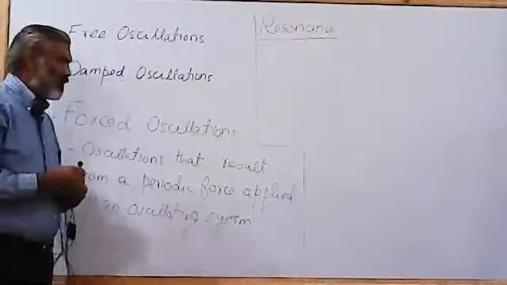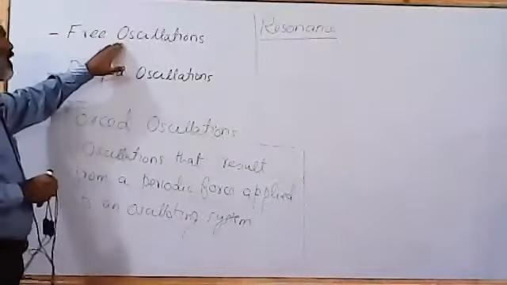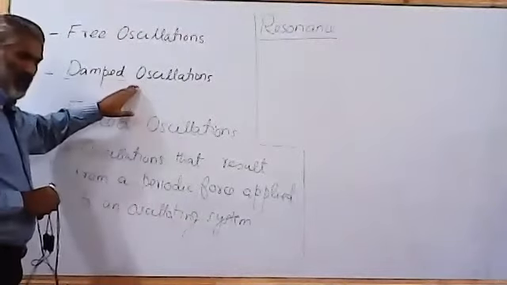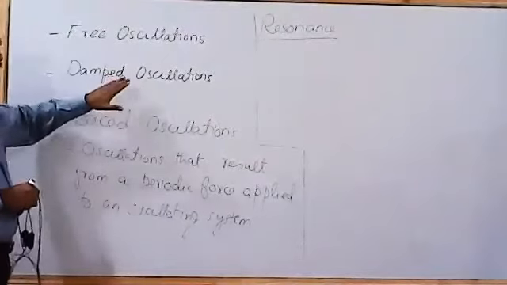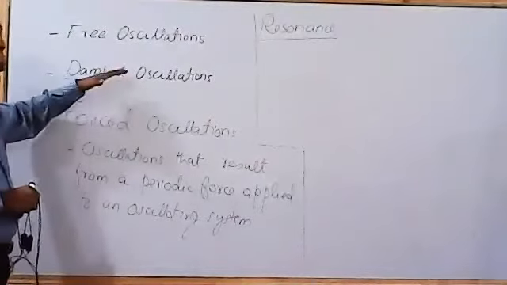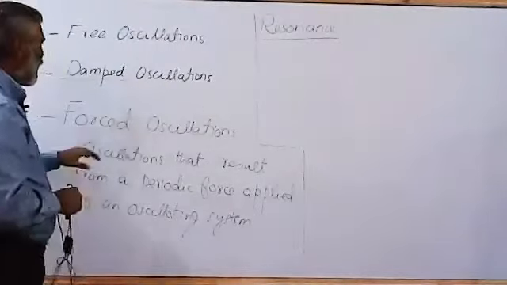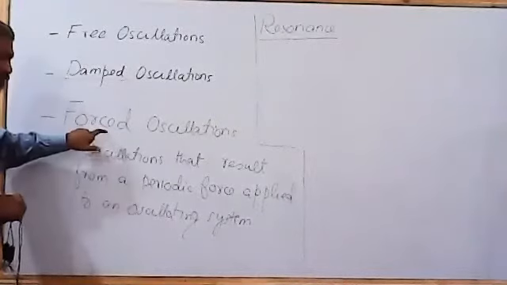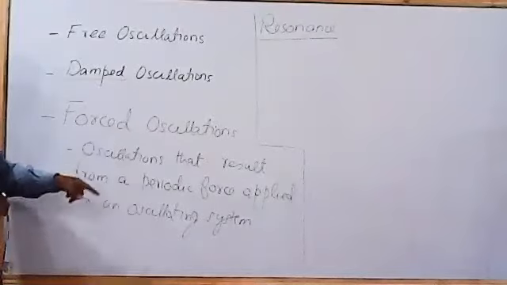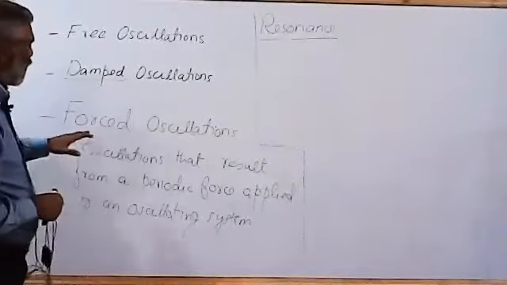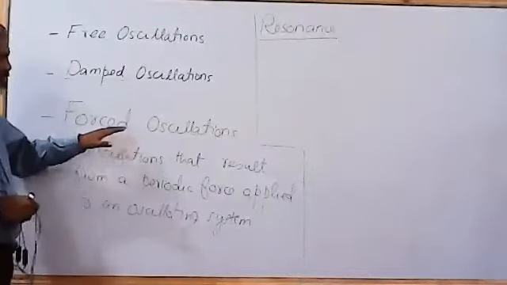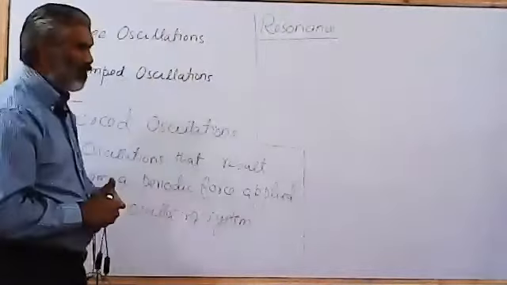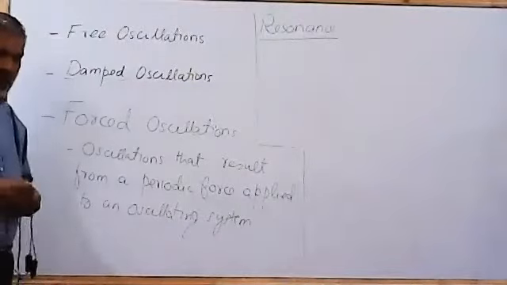When a system is undergoing oscillations and there are no forces present, it is free oscillations. Due to some forces present, they start losing their energy, and ultimately they are almost coming to rest. And in an attempt to make up for that loss, we apply a periodic force. And when we say periodic force, it has a certain frequency of its own. So when we apply a periodic force on the system, it may match with the natural frequency of oscillation of that system.